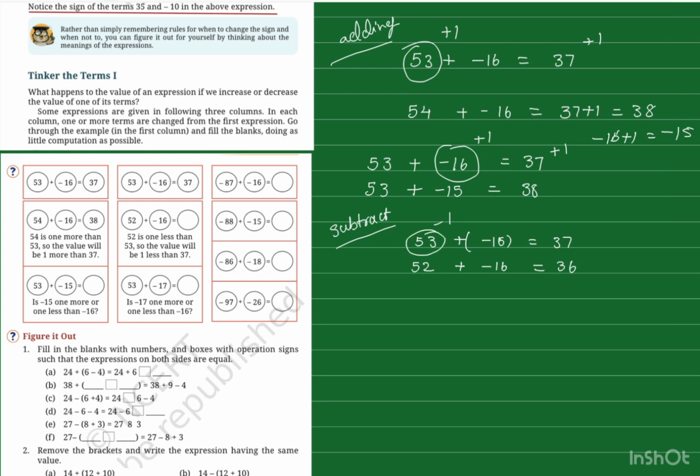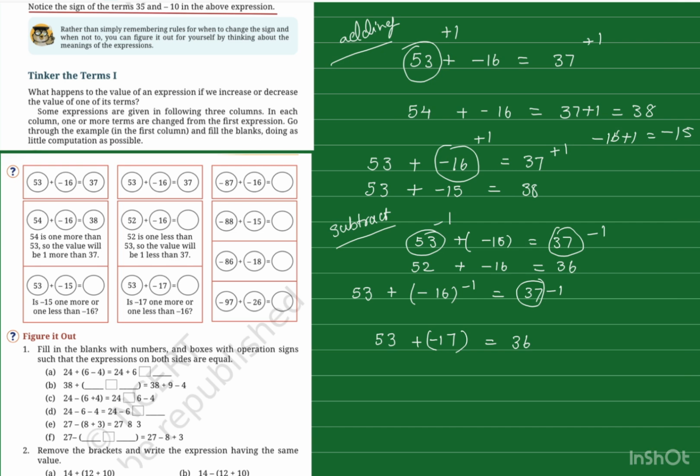That is, if we subtract 1 here, the answer will be 37 minus 1. If we subtract 1 from minus 16, then the answer will become 53 plus minus 17, that is equal to 36, that is 37 minus 1.